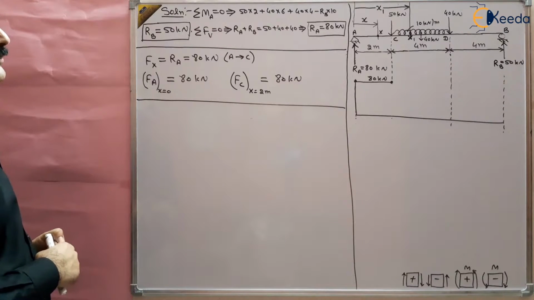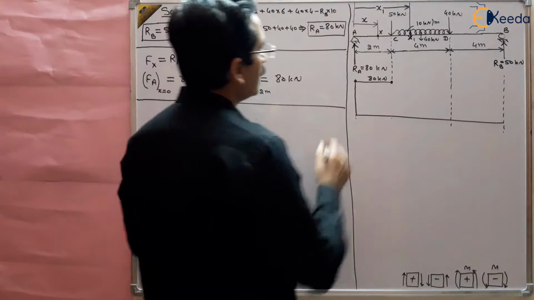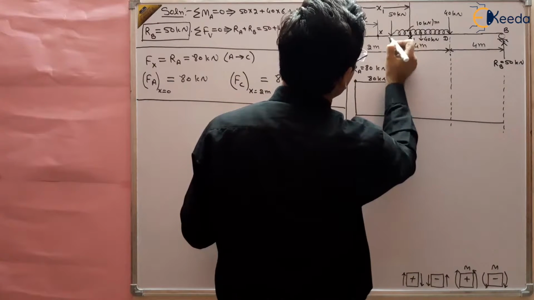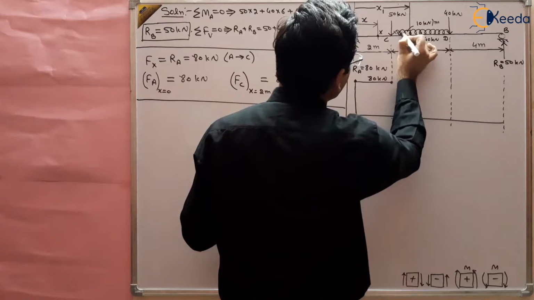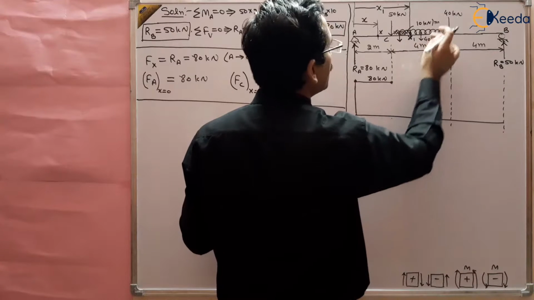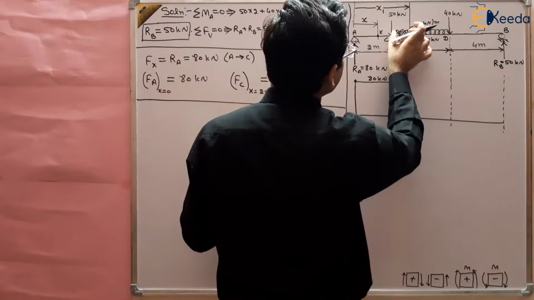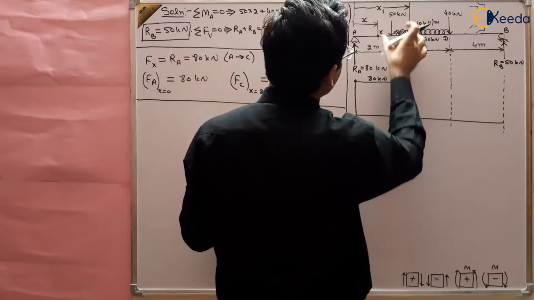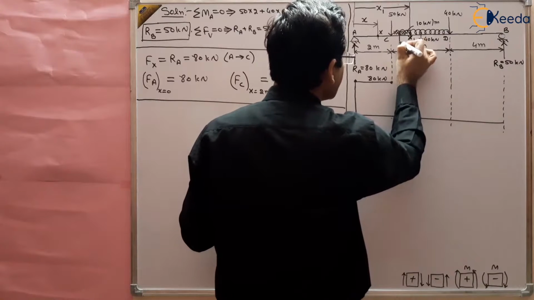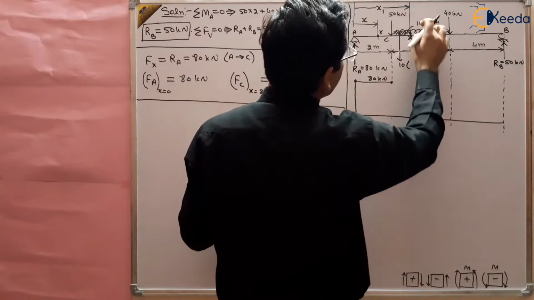Now take the forces at x1. What forces are there? There are three forces. One is 80 kilonewton, another is 50 kilonewton, and one more force will be there, that is this part of the UDL, which will have a load of 10 multiplied by the distance.